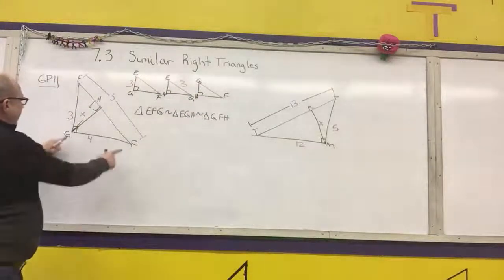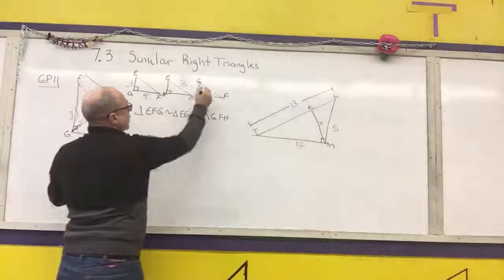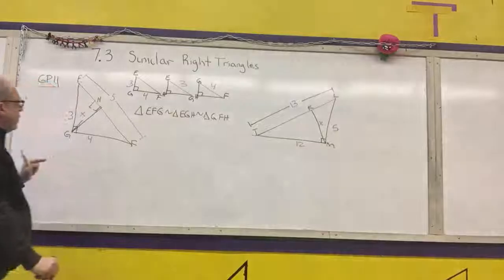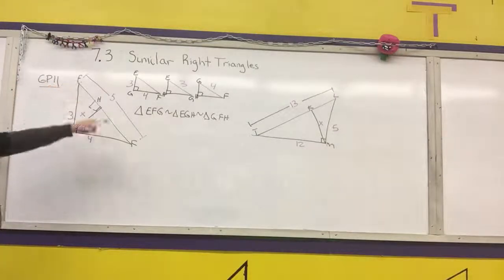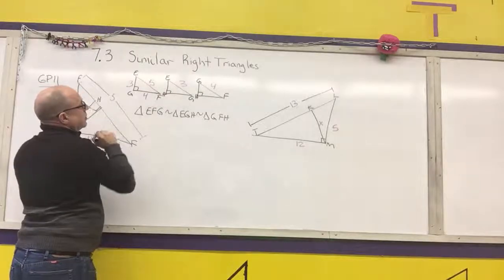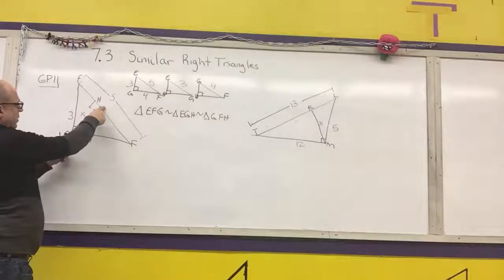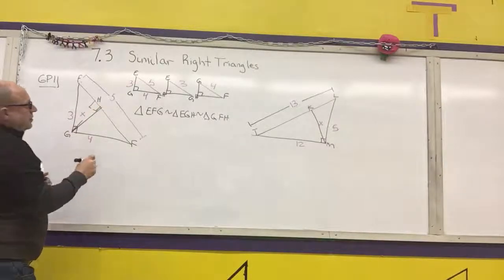I know that FG is 4. I know that EF is 5. And HG is x.